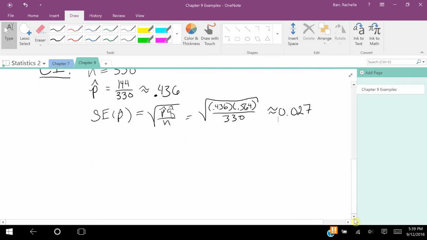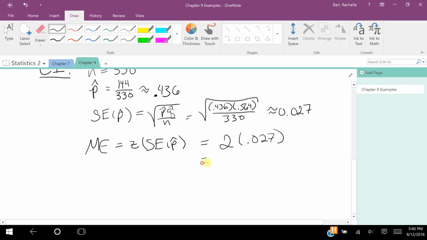And we can go ahead and use that to come up with our margin of error. Remember, your margin of error is just your z-score, whatever happens to be, times your standard error. Oops, I put my parenthesis in the wrong spot. So since I chose my z-score to be 2, this is going to be 2 times my standard error, which I just found to be 0.027. If you multiply those two together, you get about 0.054.